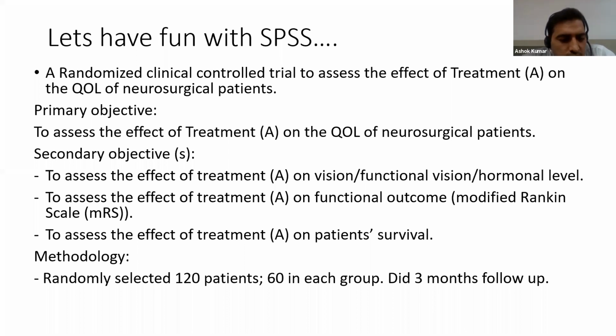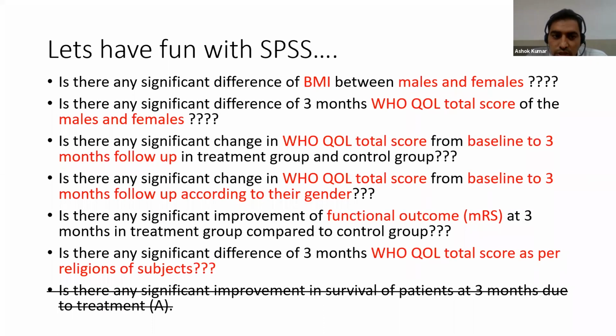My methodology is I have randomly selected 120 patients, 60 in each group, treatment group and control group. Then I did a 3 months follow-up. What I want to see is whether there is any significant difference of BMI between males and females.